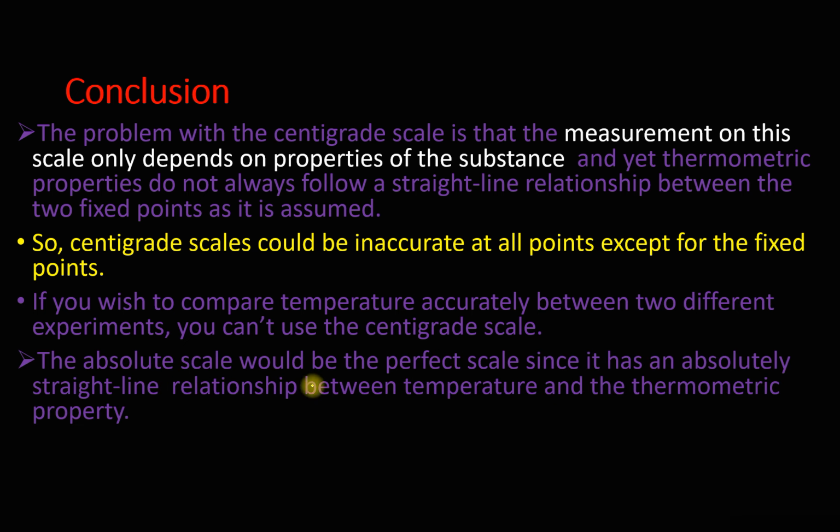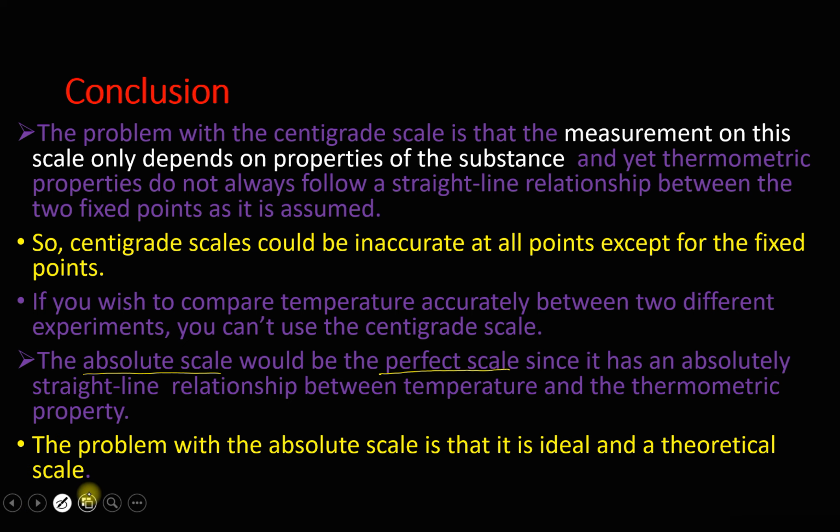The absolute scale would be the perfect scale since it has an absolutely straight line relationship between temperature and the thermometric property. And that means it is less dependent on the thermometric substance or the thermometric property itself. Unfortunately, this absolute scale is not a real scale, it is just an ideal, theoretical scale.